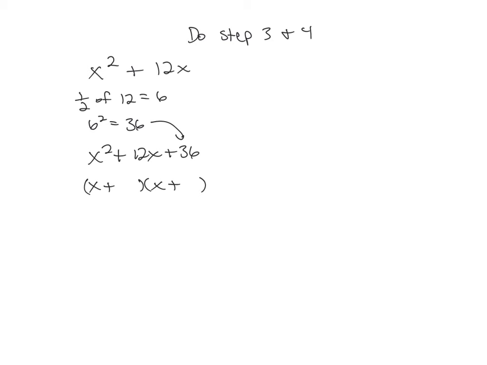Square root of 36 is 6. And 6 plus 6 is 12. So what we've created is x plus 6, x plus 6, which really can be written as x plus 6 squared. And that is the answer.